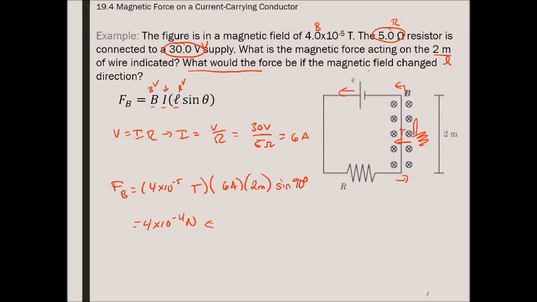However, if we flip the magnetic field so that instead of going in it comes out, then the direction of the force would be the other way. That is the only thing that changes, the direction of the force. So the number stays the same because we didn't change the angle. We just went to the other direction. We went from plus 90 to negative 90. That doesn't change the value at all.